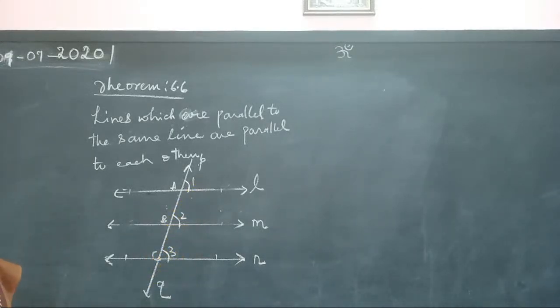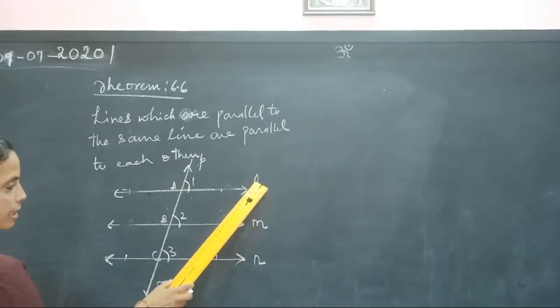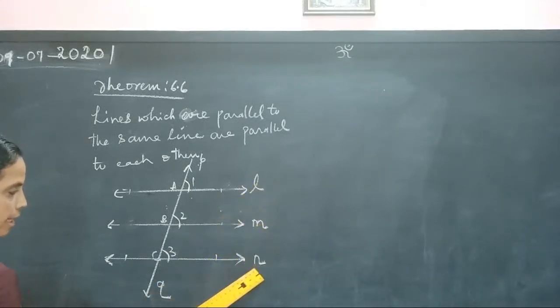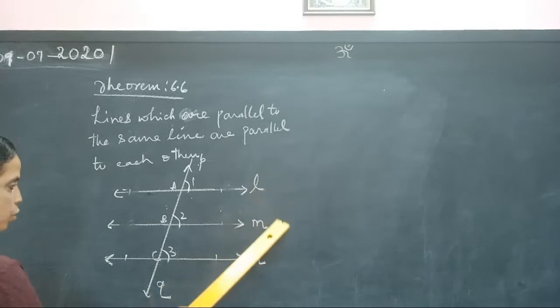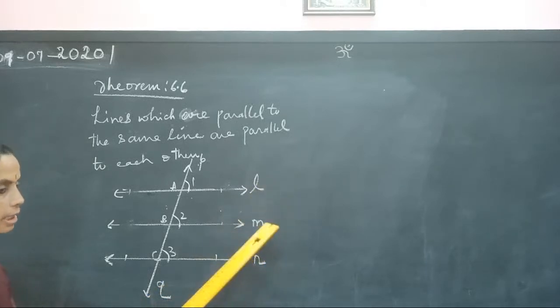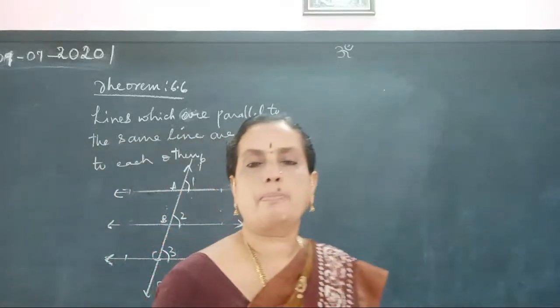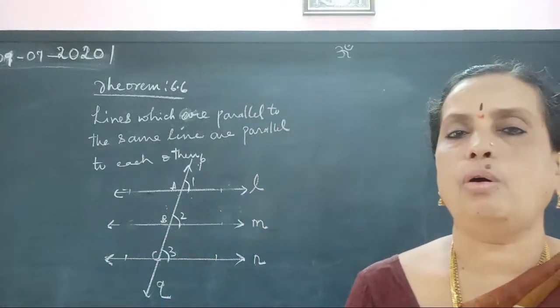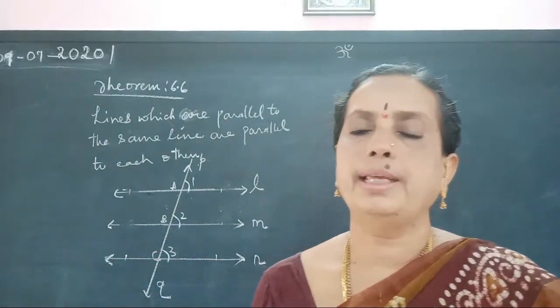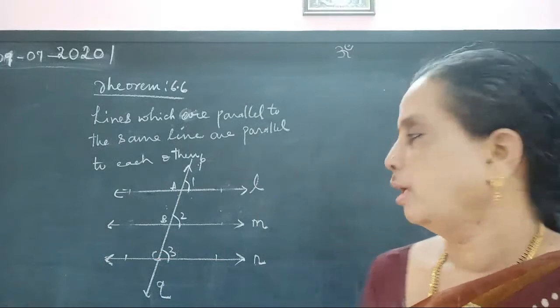According to axiom 6.4, the lines are parallel. If this line is parallel to M, this line is parallel to M, then these two are parallel to each other. Lines which are parallel to the same line are parallel to each other. Clear? Get the figure?